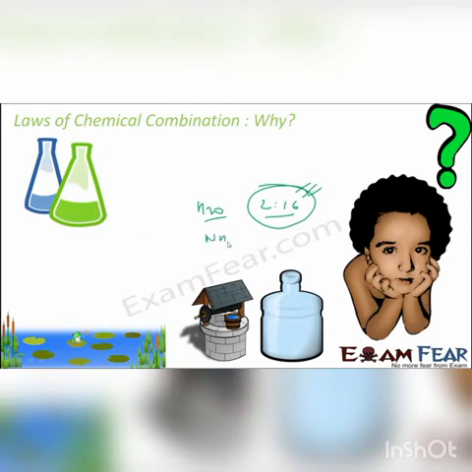Why for ammonia is it 14 and 3? There are so many compounds, you can take so many other ratios. For every compound, you have a specific ratio. For HCl, it is hydrogen 1 and chlorine 35.5. Why?